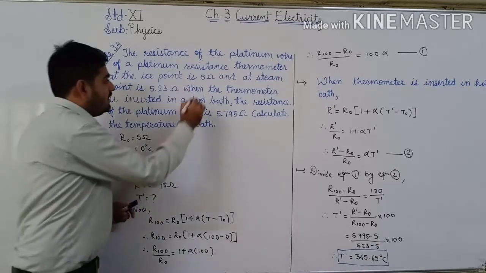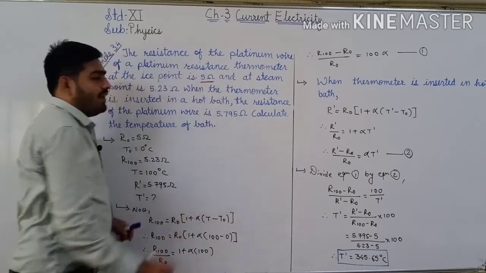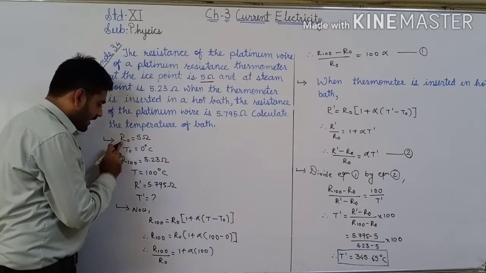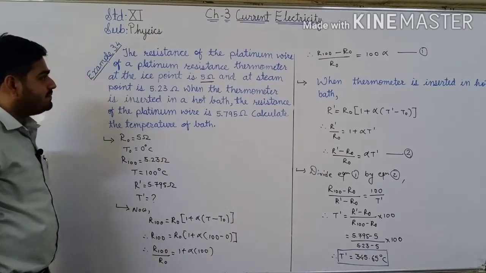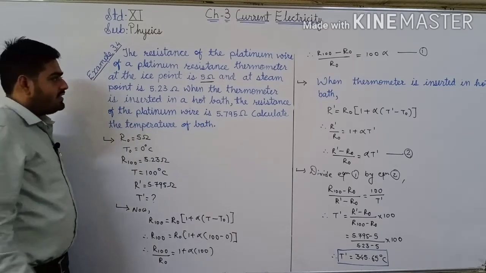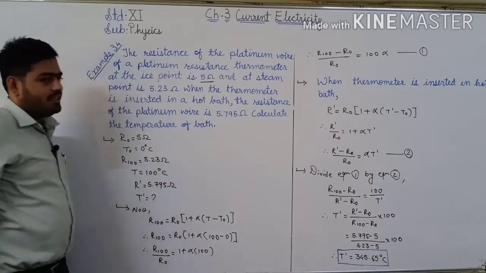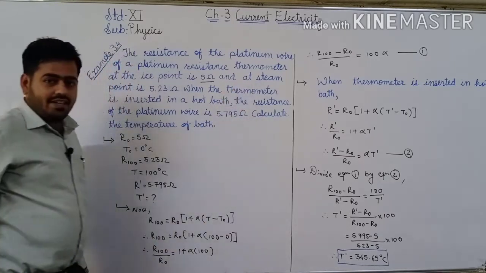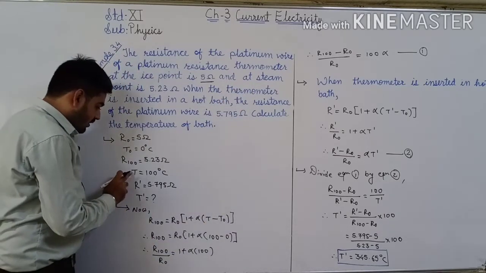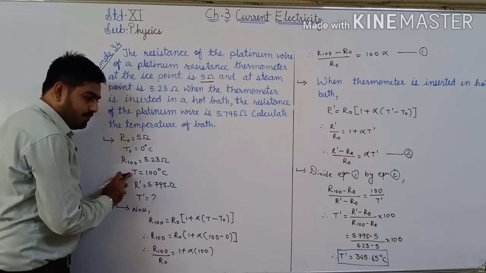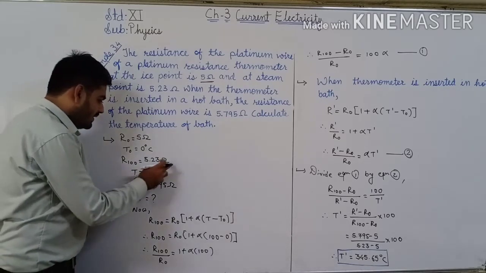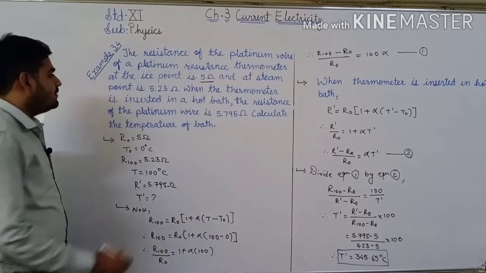So this is the value of resistance at a reference temperature, R0, 5 ohm, and at steam point it is 5.23 ohm. What is the steam point? 100 degree Celsius. So this temperature is 100 degree Celsius and at this temperature the value of resistance is 5.23 ohm.